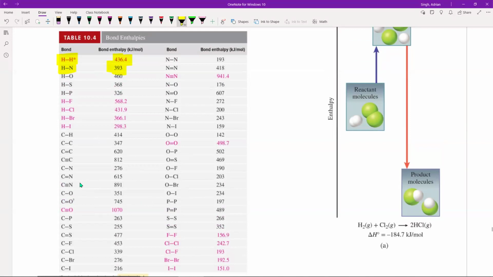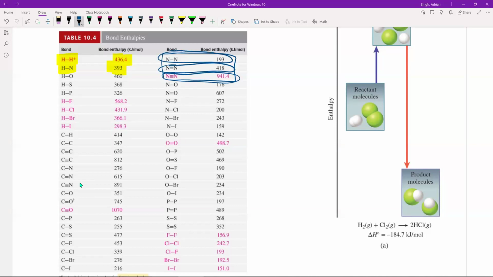So for instance, if we compare the bond enthalpies for nitrogen bonds, single versus double versus triple bonds, you will see that the bond enthalpy for the triple is significantly more than the double, and that's significantly more than the single bond, right?